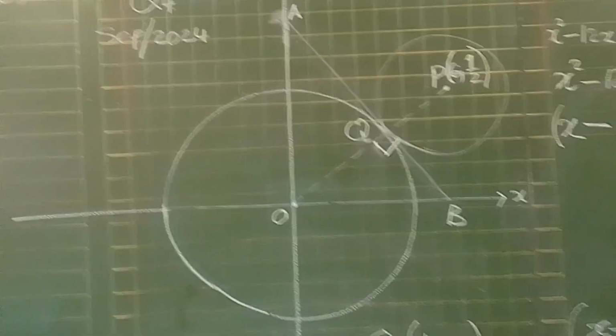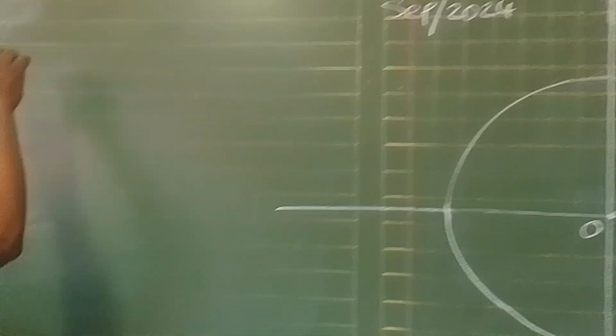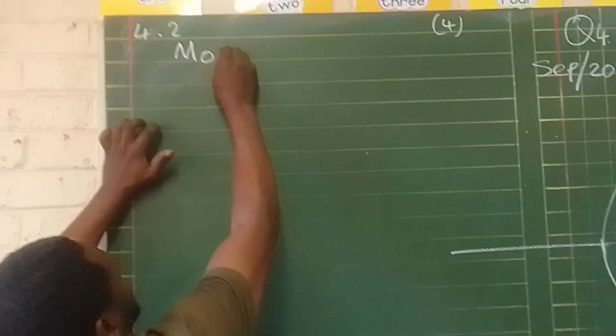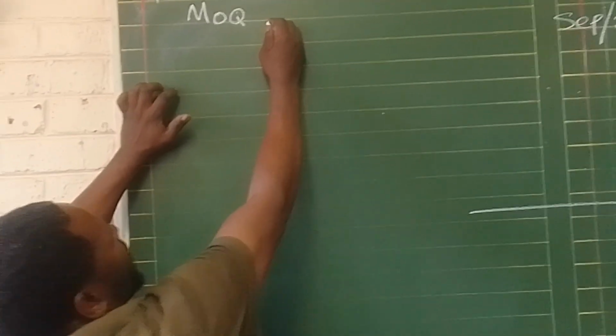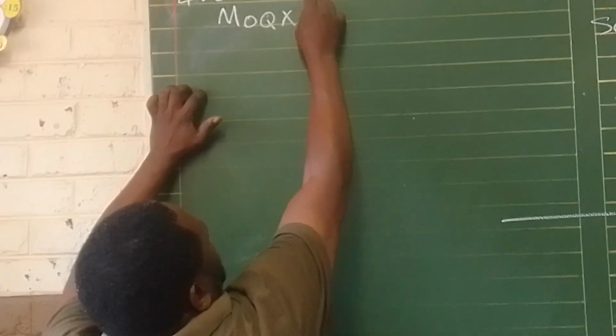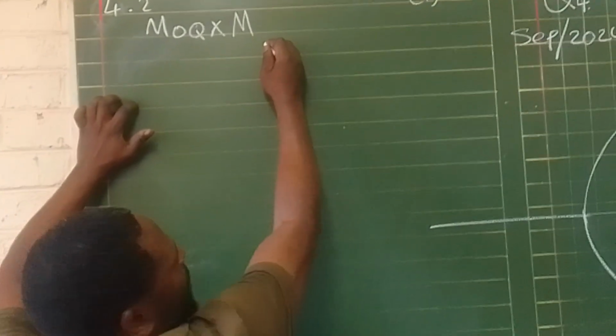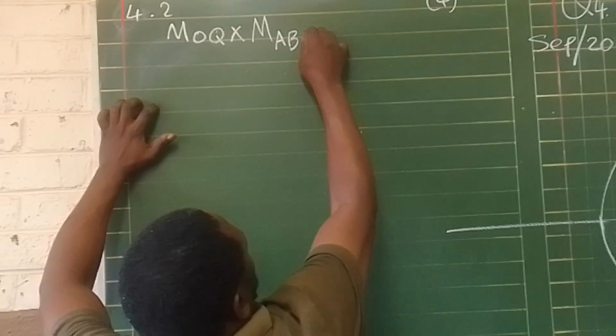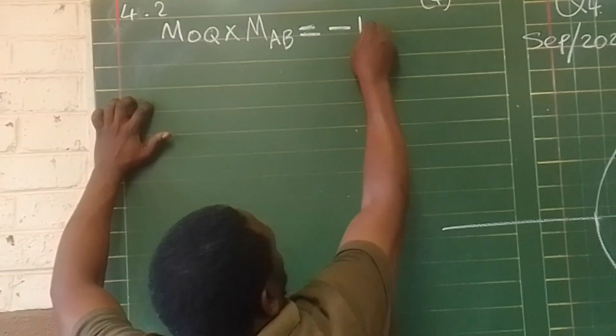Analytical geometry says that m_OQ times m_AB is equal to minus 1.